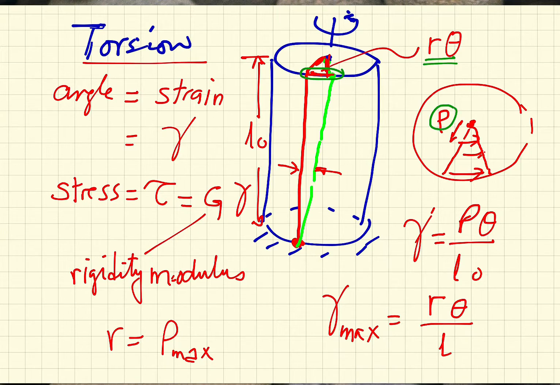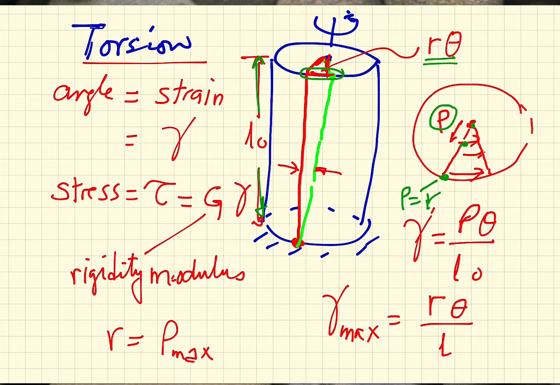Rho is the radius from the center to any point here. So if rho exceeds this point, it will continue up to the surface. Then on the surface, rho will be equal to r, the radius of the solid shaft. The length of the shaft is L0, as you can see here.